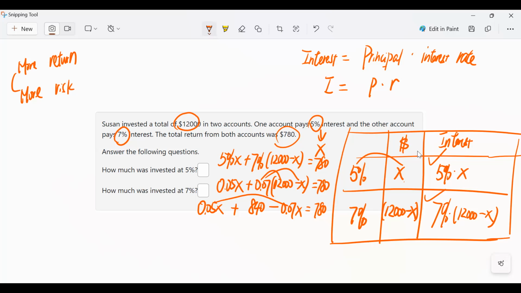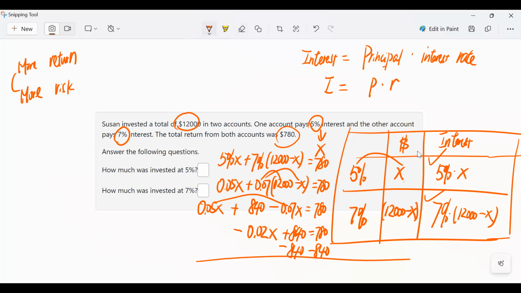We get 0.05X minus 0.07X, that's minus 0.02X. Adding 840 equals 780. I subtract 840 on both sides of the equation.